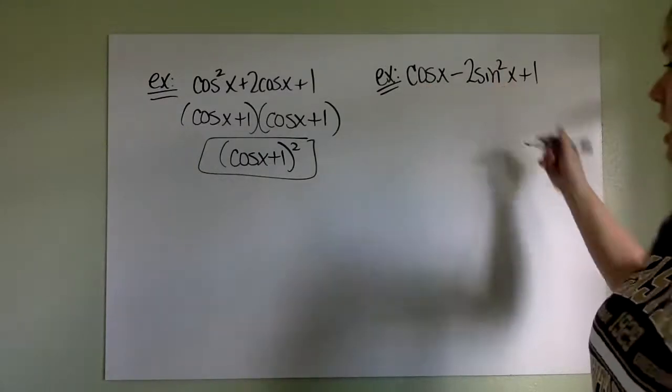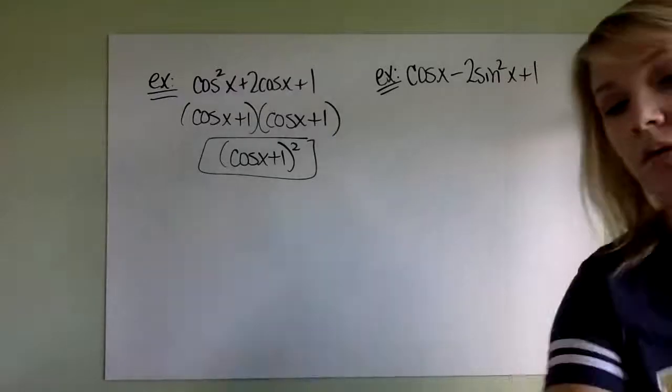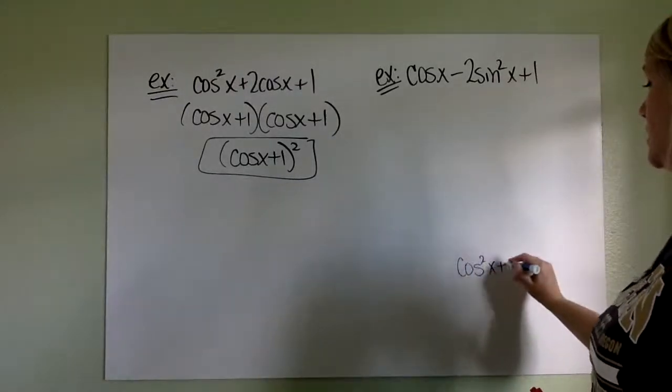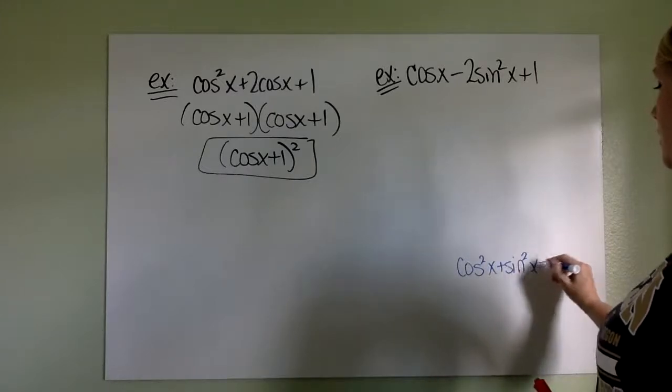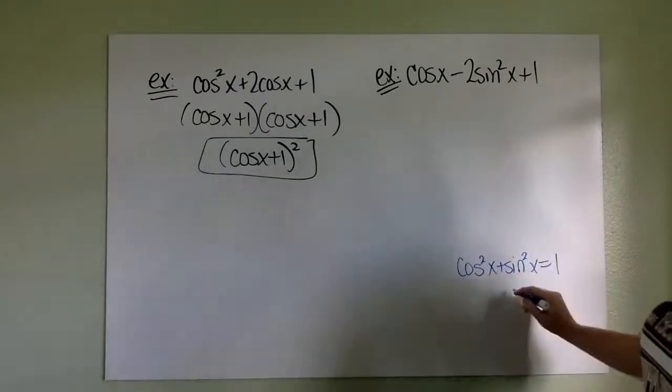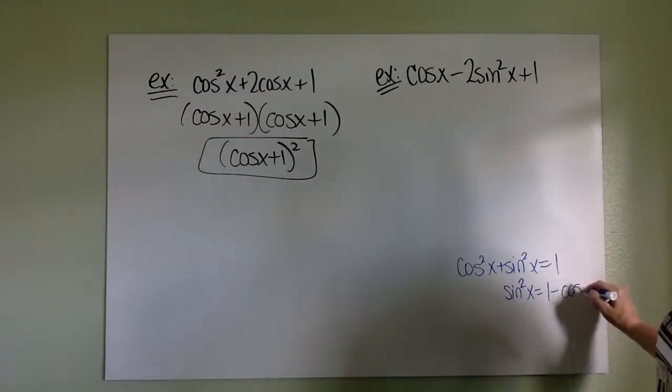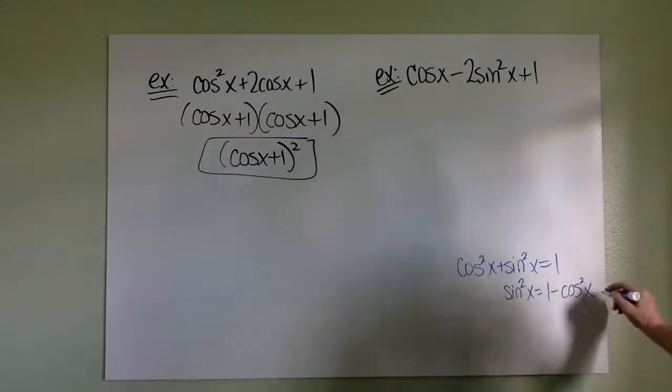So I either need to turn this cosine into a sine, or I need to turn this sine squared into a cosine. I know that I have an identity, cosine squared plus sine squared equaling 1, or I could rewrite it as sine squared equaling 1 minus cosine squared. So this is what I'm going to use right here.